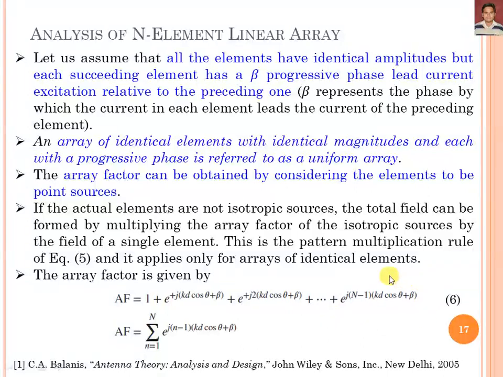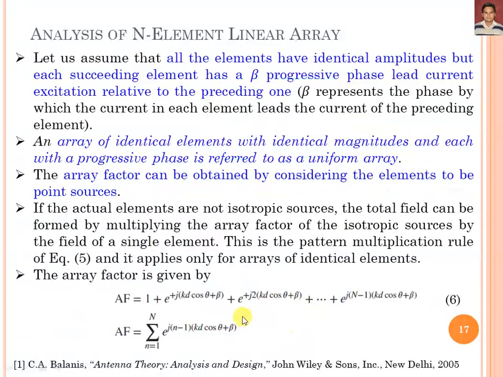For n elements, we can summarize the expression in summation form: the array factor AF equals the summation from n equal to 1 to N of e to the power j(n minus 1)(kd cos theta plus beta). So the array factor is the summation over n elements, and it depends on d, the distance between the elements, and beta, the phase.